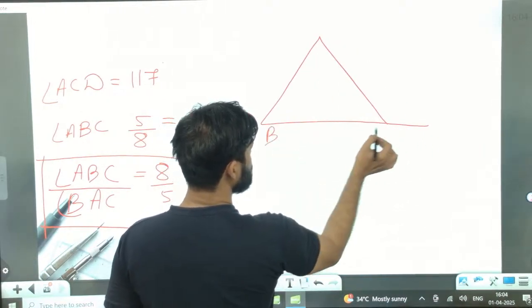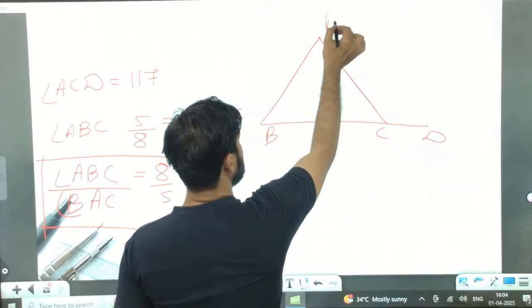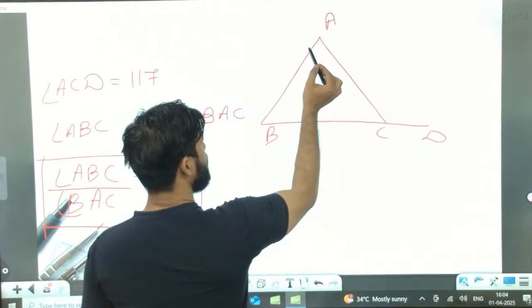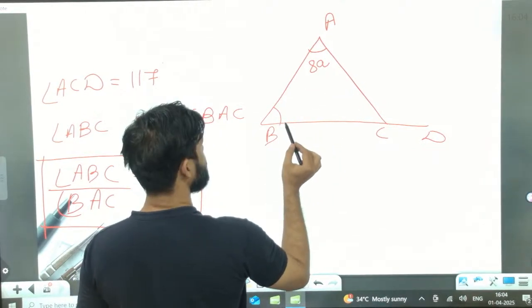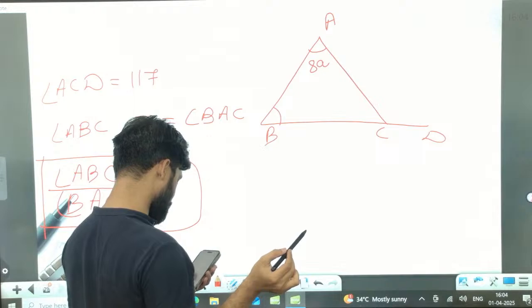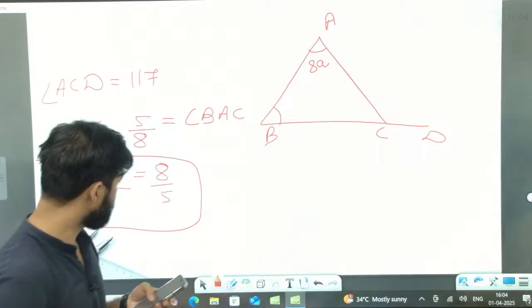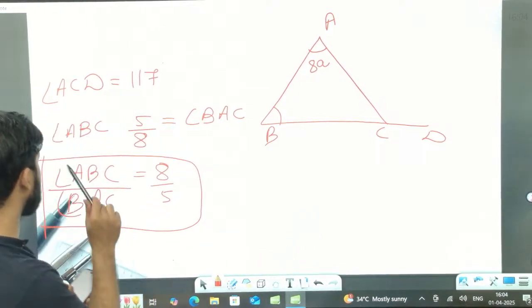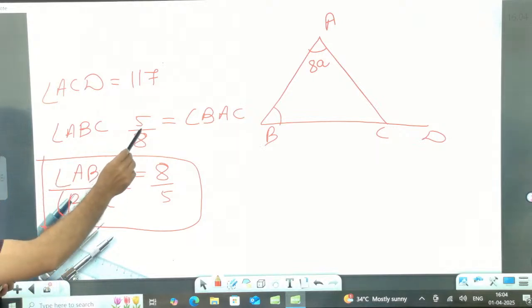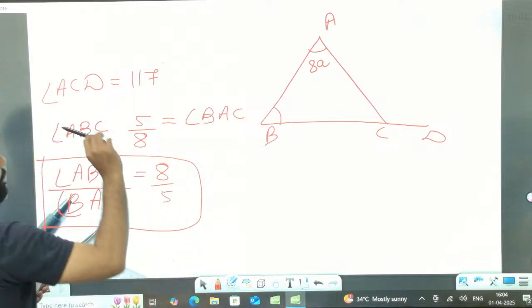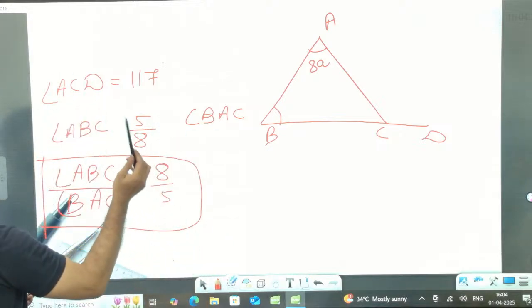BC is produced to D and this is A. ABC is 8 units, so I'm writing it 8A, and BAC is 5. I wrote it the wrong way round. ABC equals 5 by 8.